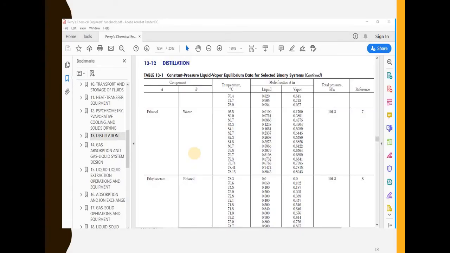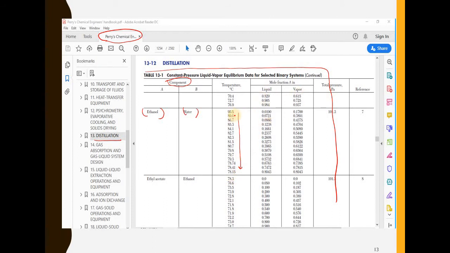This is an example. If you open Perry's Chemical Handbook and go to the distillation chapter, you will find this type of table. In this table, for example, if you have two components A and B, where A is ethanol and B is water, and you want to separate ethanol and water, the vapor liquid equilibrium data will show you the fraction of component A at each temperature.